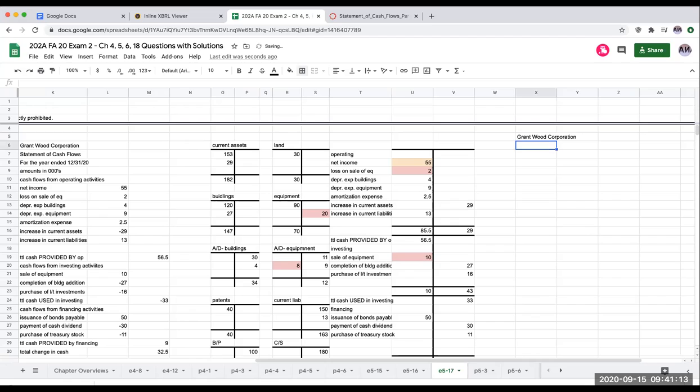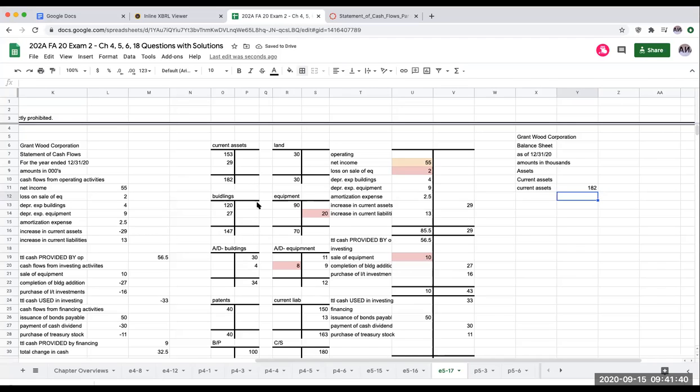So here for Grant Wood, balance sheet as of 12/31/20. We're doing a classified balance sheet. I want to say amounts in thousands. So I'm going to have current assets, or I should say assets, current assets over here, literally current assets. This will be 182,000.